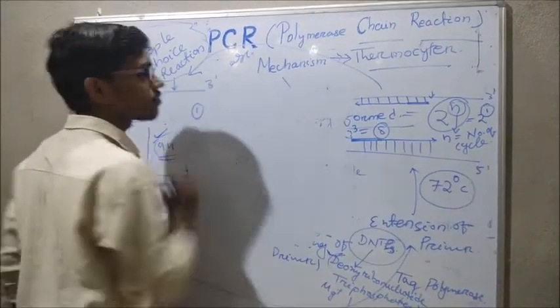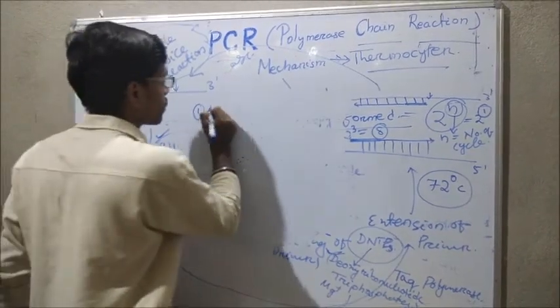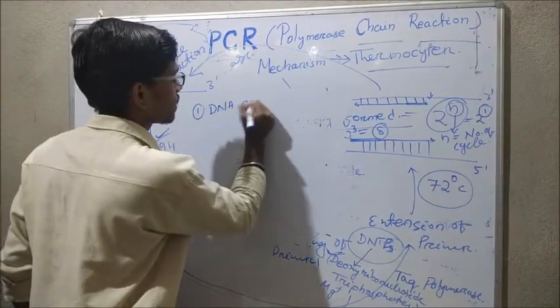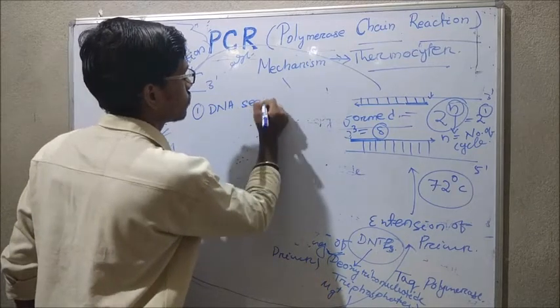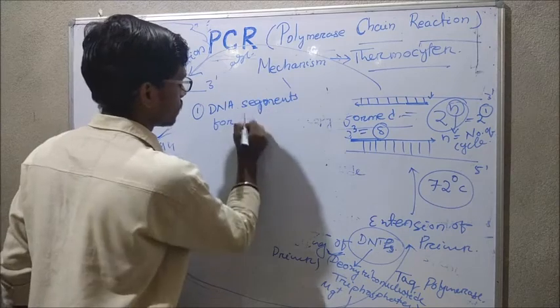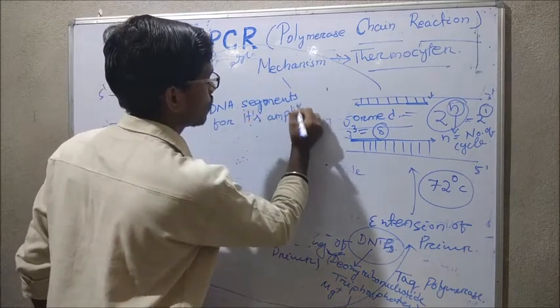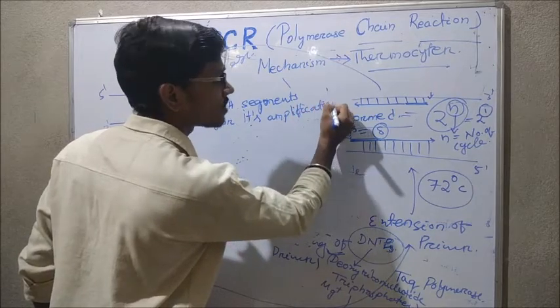One is the DNA, or the part of the DNA segment, the DNA segment for its amplification. Amplification means increase its number.